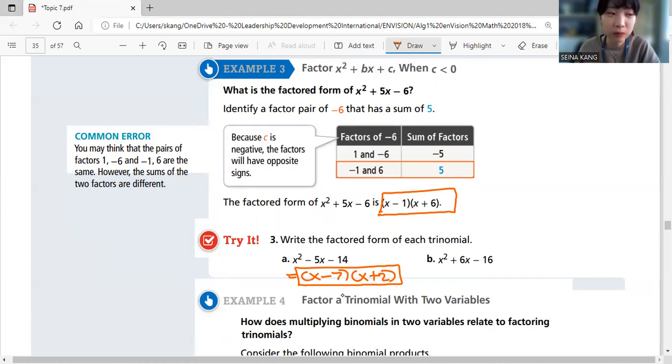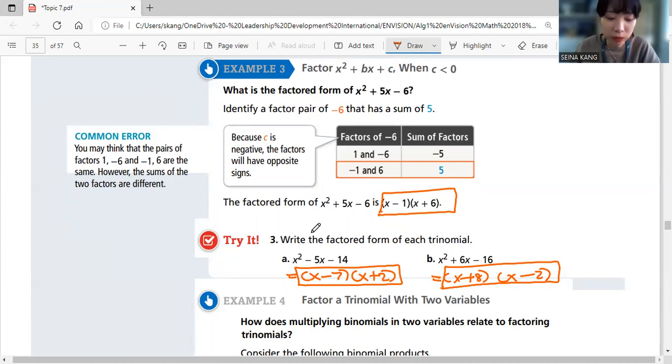If you have to add up to a positive number, your 8 is the greater number, so that has to be positive. So x plus 8 times x minus 2 would be the two binomials that are equivalent. Okay, check your answers.